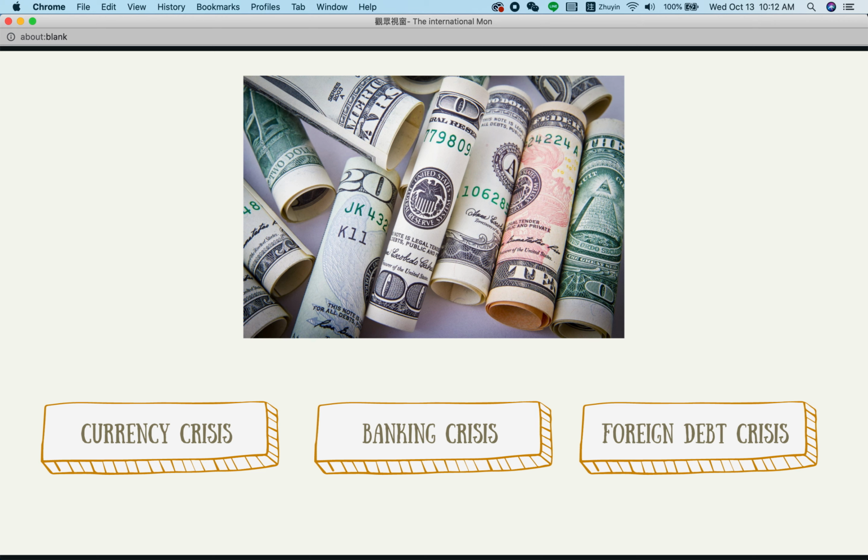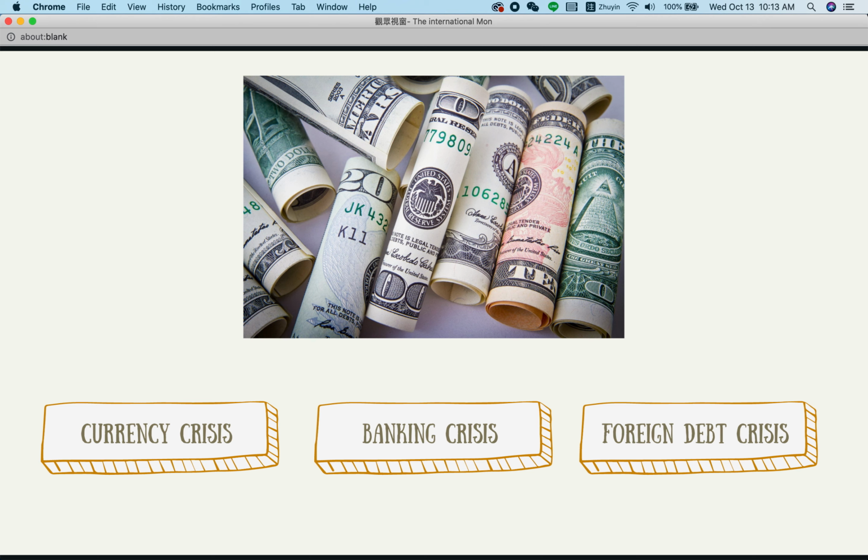The IMF found there had been 158 currency crises, including 55 in which a country's currency was devalued.